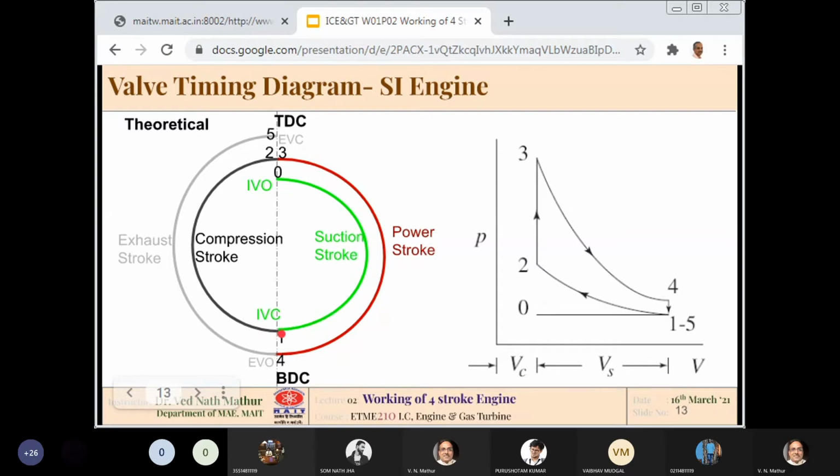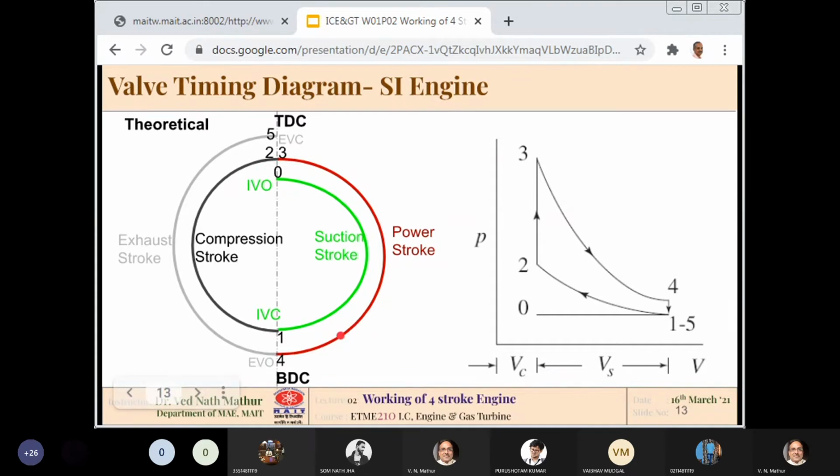So you can take advantage of that momentum of the charge flowing in the inlet manifold, and not close the inlet valve at point 1, but close it after some time. So your suction stroke starts slightly before point 0 and ends slightly after point 1.